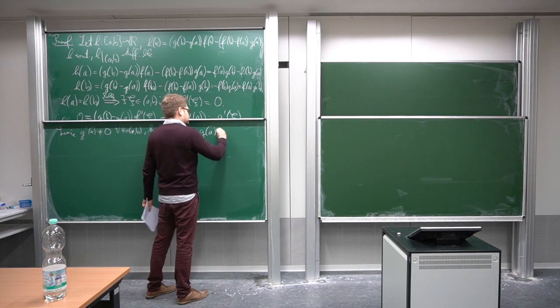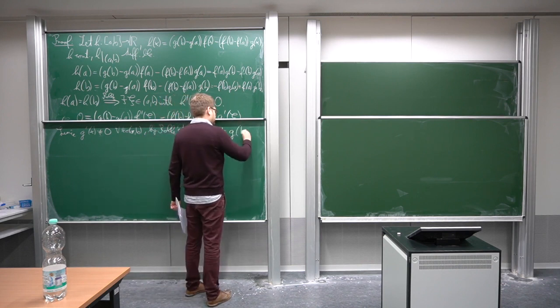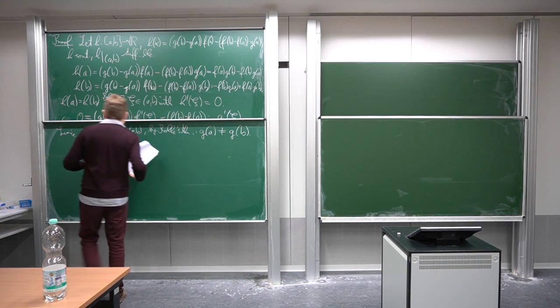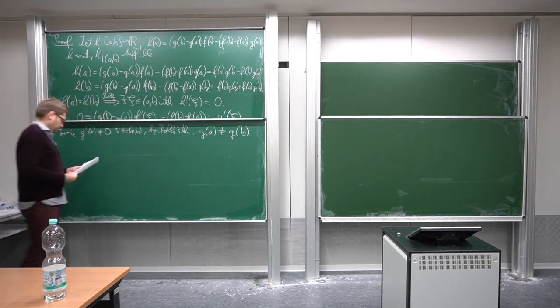g of a is not equal to g of b, which means we can divide by g of b minus g of a, which is good news.